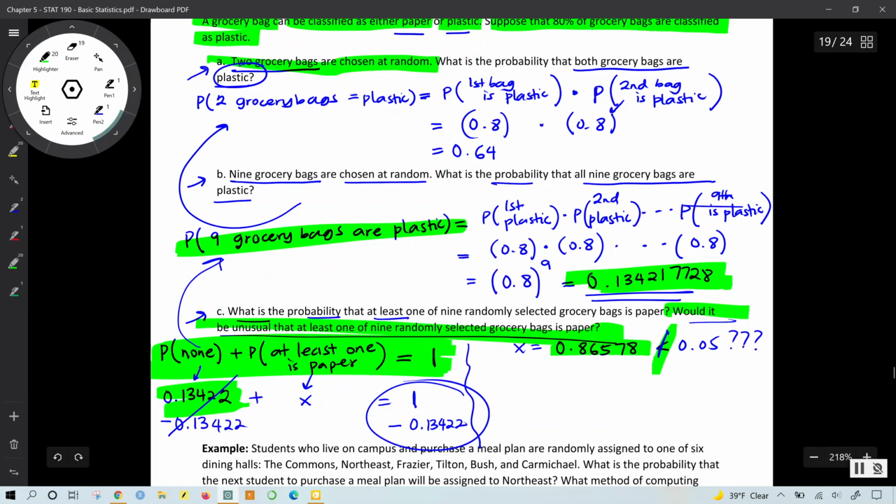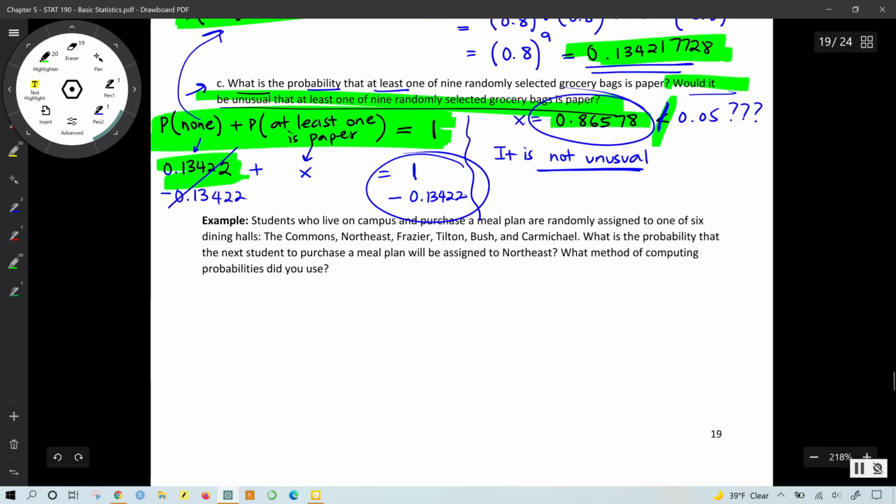So since it is not less than 0.05, it is not unusual. Since the value of the probability that we just got is not less than 0.05 for the context of this problem. So with that said, we proceed to another example.